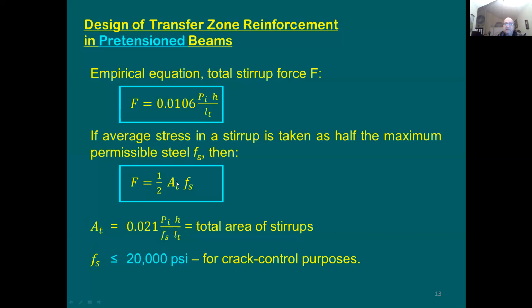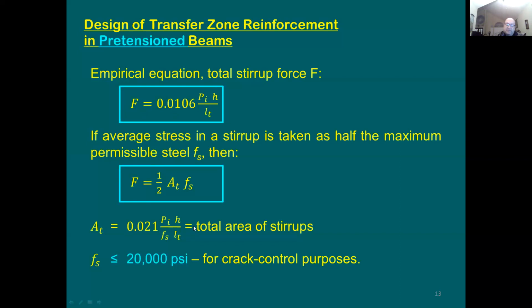I'm going to say simply, let's set this equation equal to that equation. This force here is going to be 1% PI H over L. This equation says the force is also equal to A for the stirrups times Fs, multiplied by 0.5. Set this equal to that. What's going to happen? You can come up with this equation here.